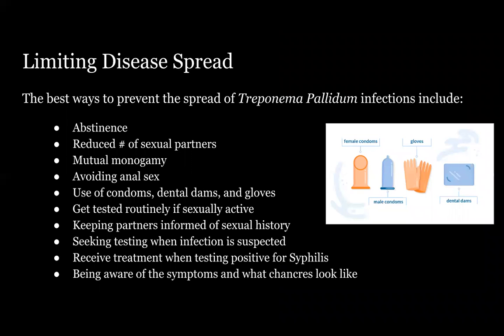Limiting disease spread. The best ways to prevent the spread of Treponema pallidum infections include abstaining from sex, reducing the number of sexual partners, mutual monogamy, avoiding anal sex, use of condoms, dental dams, and gloves, getting tested routinely if sexually active, keeping partners informed of sexual history, seeking testing when infection is suspected, receiving treatment when testing positive for syphilis, and then lastly, being aware of the symptoms and what cankers look like.